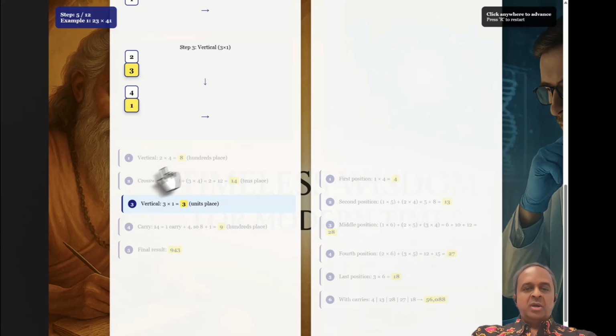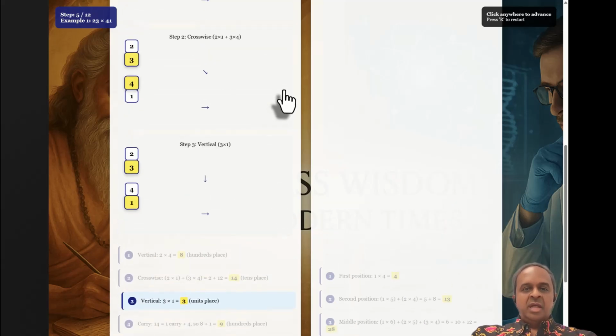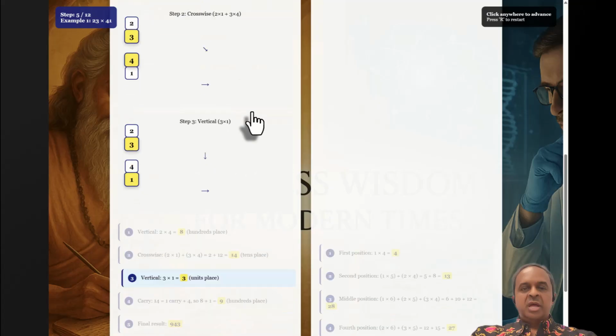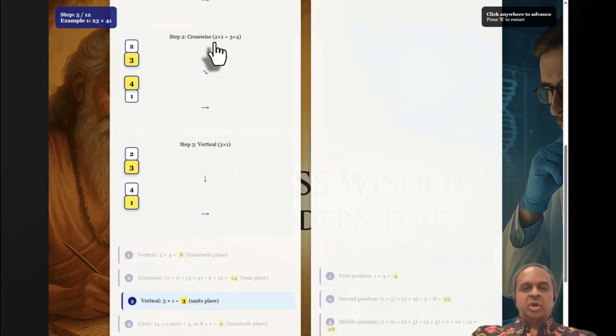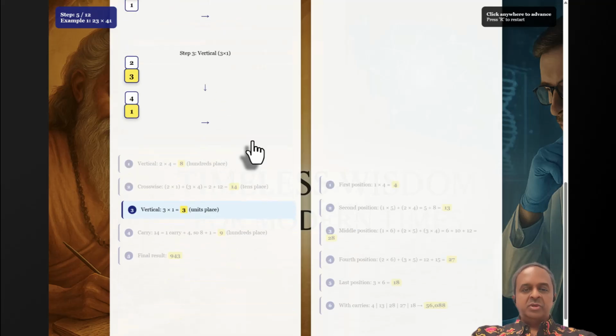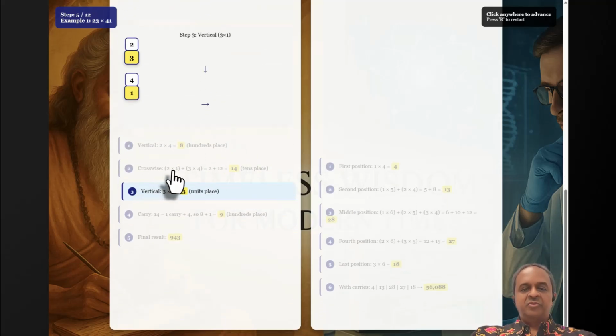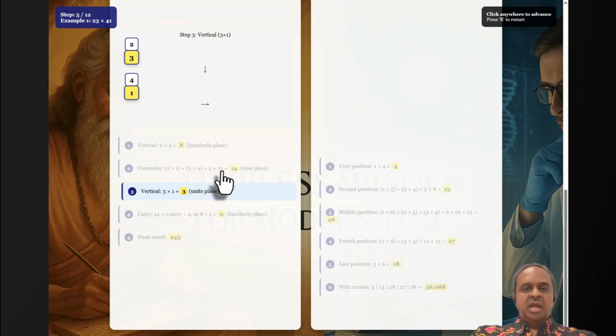So as you can see, we went through the steps. 2 times 4 is 8, which was the first one. And then we did 2 times 1 and 3 times 4, the crosswise, and then you add that. So 2 times 1 plus 3 times 4, that's 2 plus 12 is 14. And then you do the other vertical, which is on the units digit, that's 3 and 1.